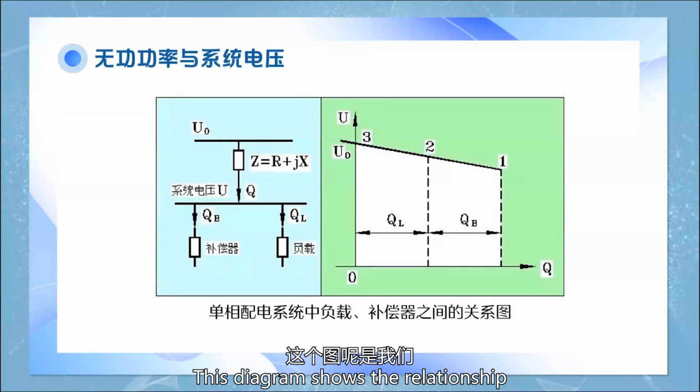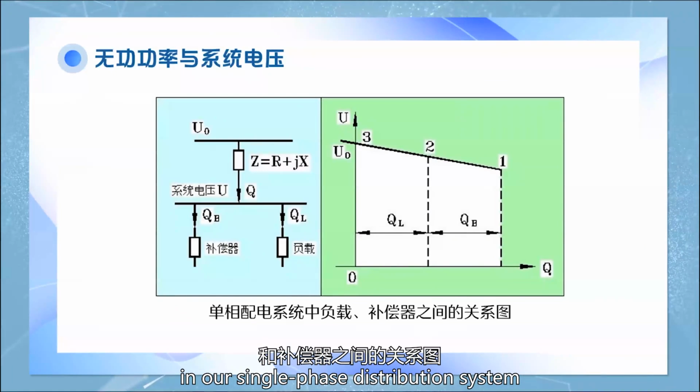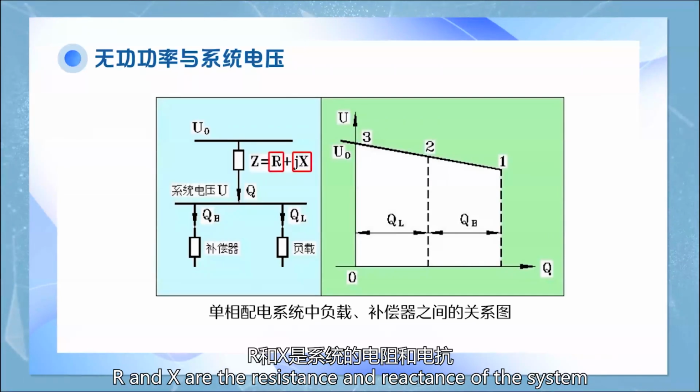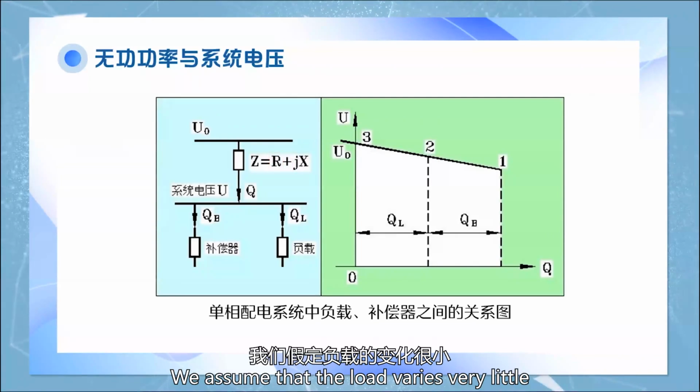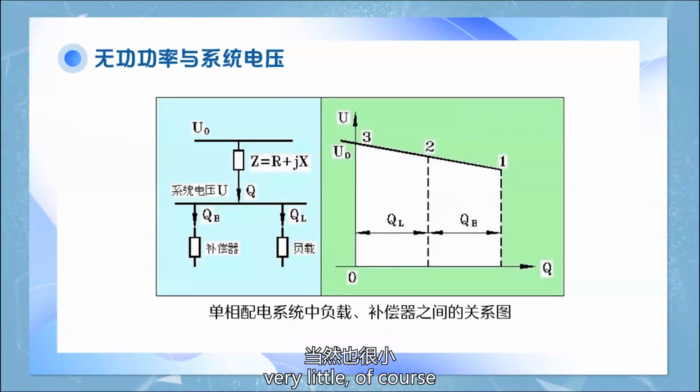This diagram shows the relationship between the load and the compensator in our single-phase distribution system. In the figure, U is the system voltage, R and X are the resistance and reactance of the system. We assume that the load varies very little, so the voltage varies very little, of course.